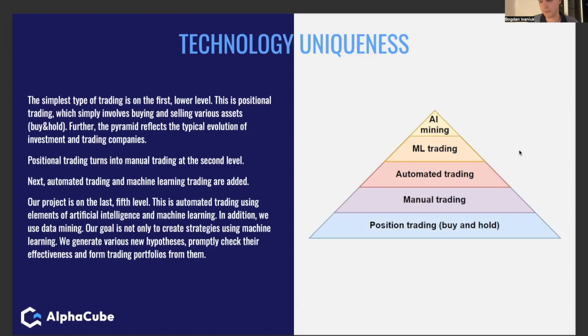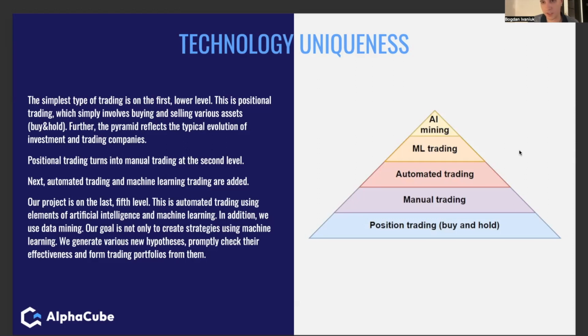Also, there are a lot of companies that absolutely fall in love with some specific machine learning techniques and try to solve mathematical problems using them to make things efficient. What we are doing, and I can't say that this is better than what we discussed before, is generating new strategies.